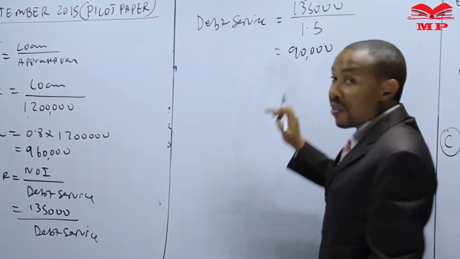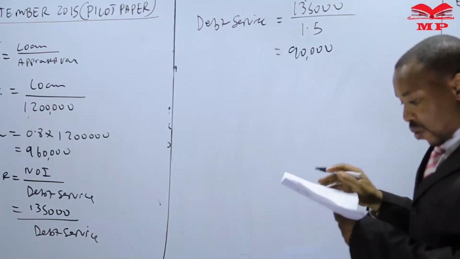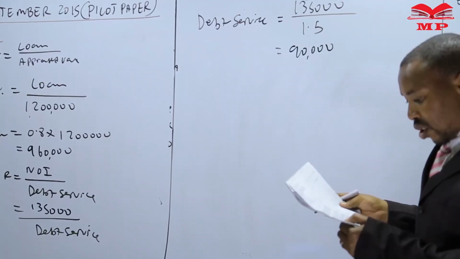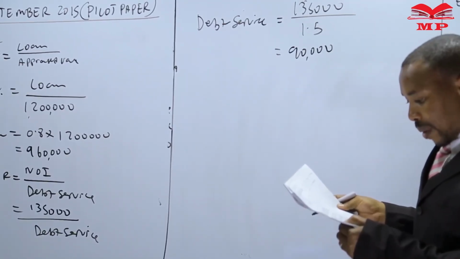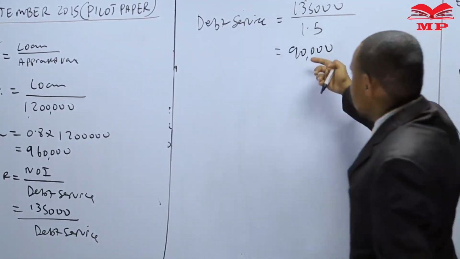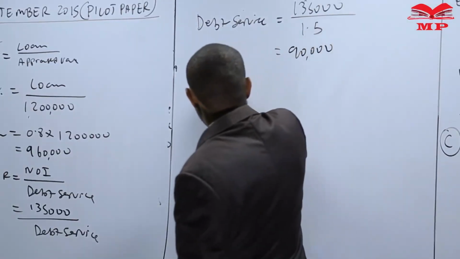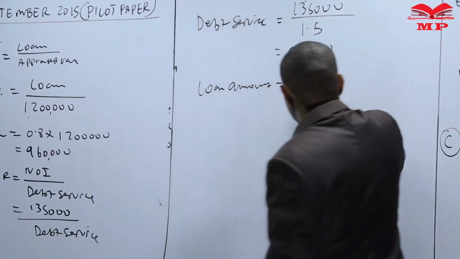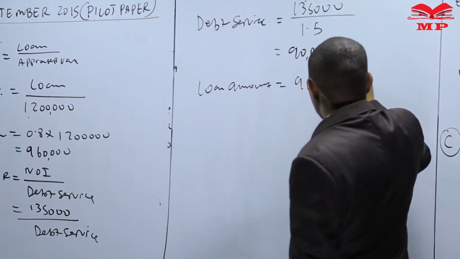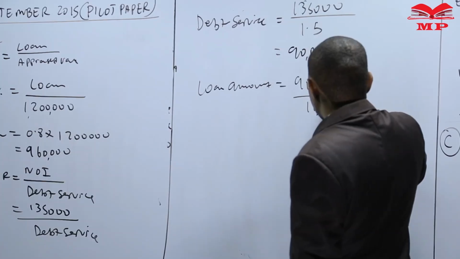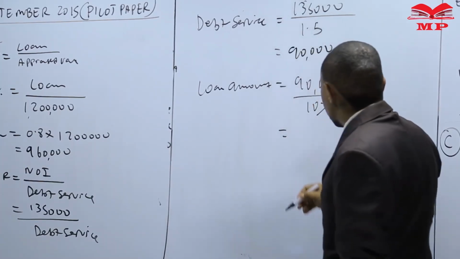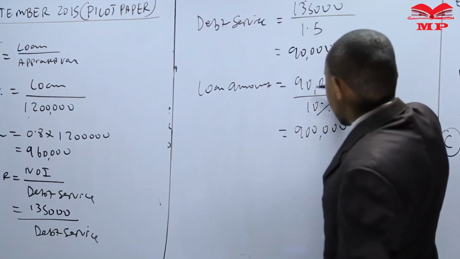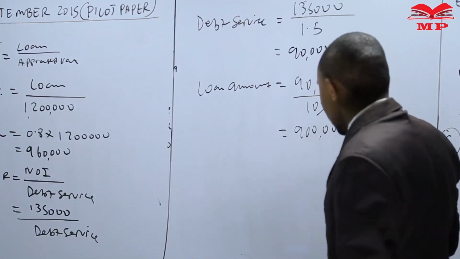This 90,000 should be divided by the 10%, which you can see at the beginning of the question, where we're told that the lender agreed to make a 10% interest-only loan. So the loan amount is 90,000 divided by 0.1, which is 900,000.